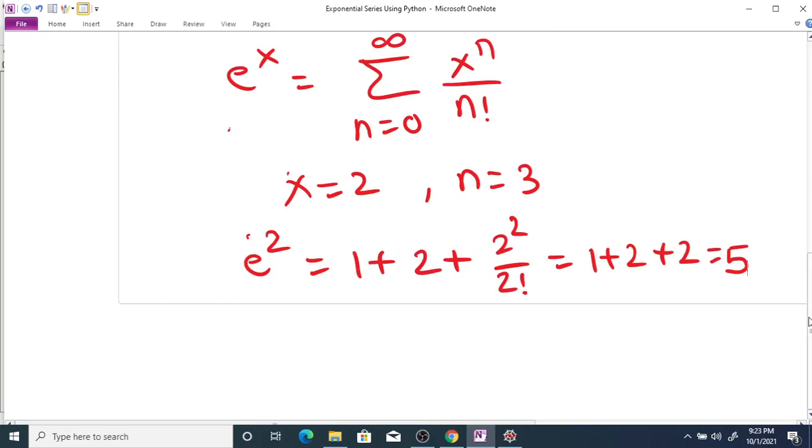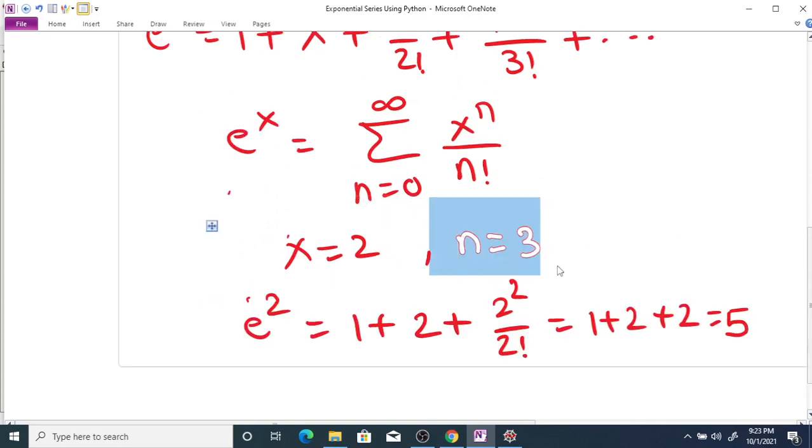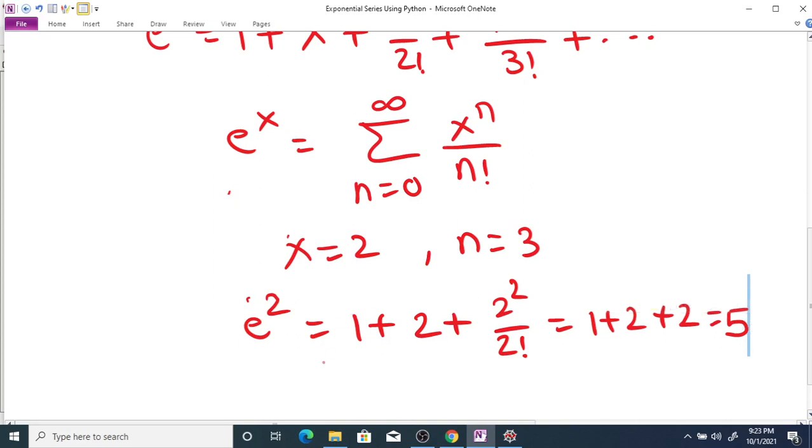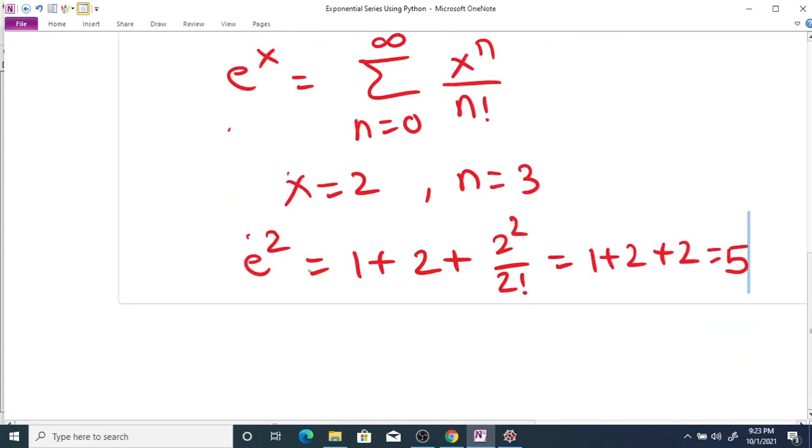And if you increase the number of terms, then the approximate value is very close to the exact value. Here the number of terms is only 3, and we obtain the answer e raised to 2 is 5. If you calculate by using a calculator, then e raised to 2 is equal to 7.389.